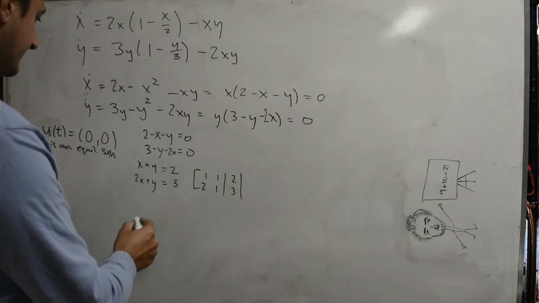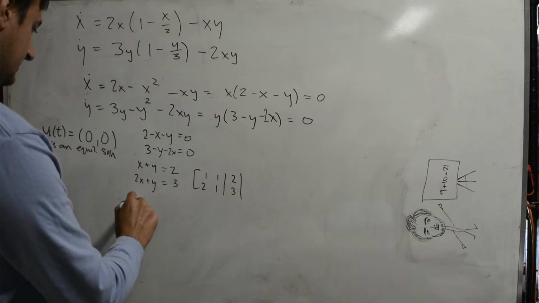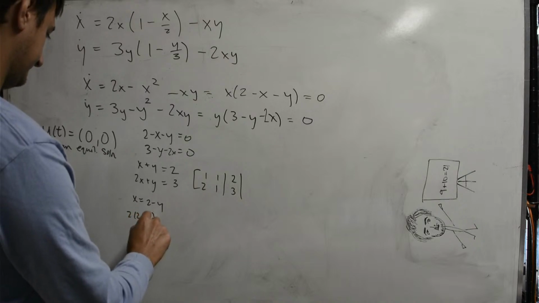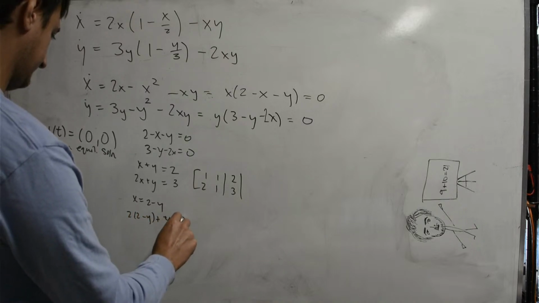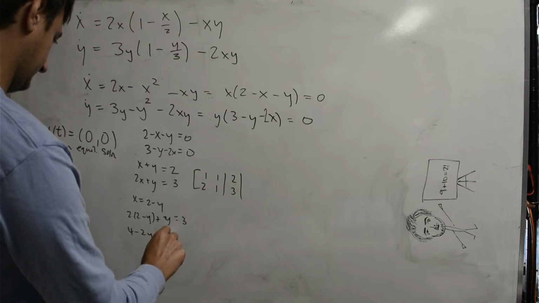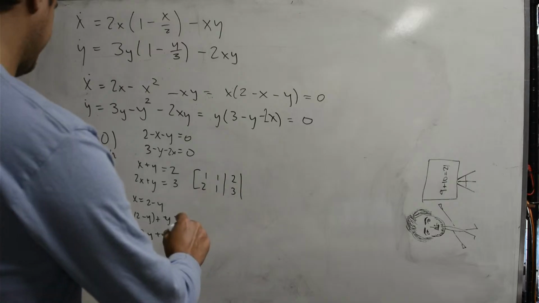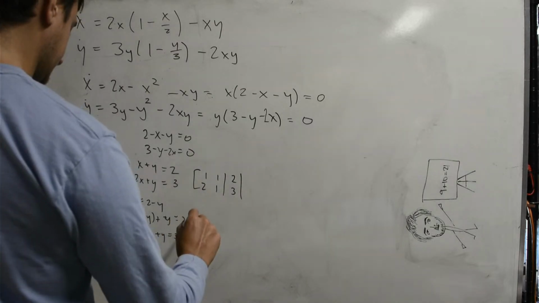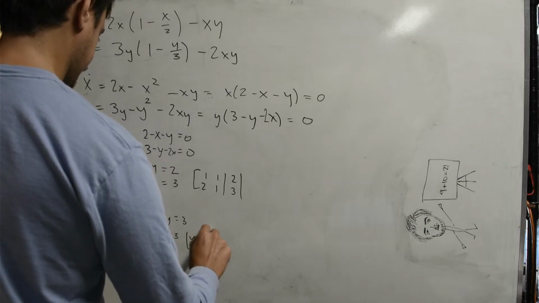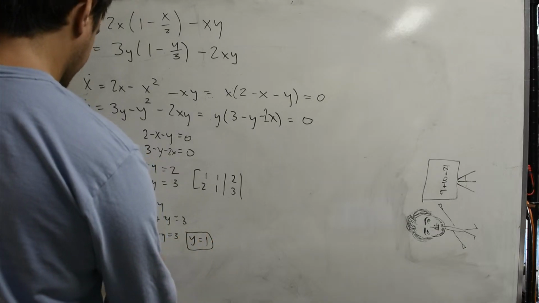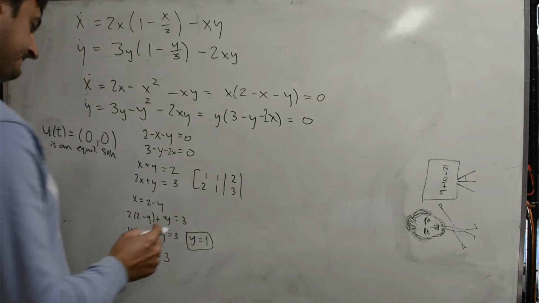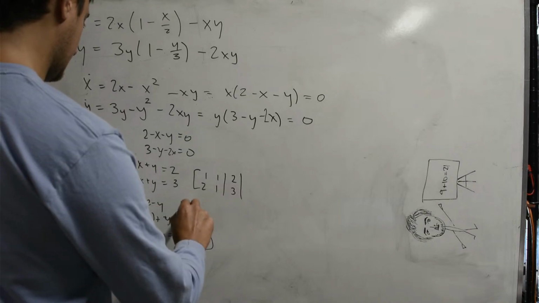So the simplest way is probably just substitute. So x is equal to 2 minus y. Then we get y equals 1, because 4 minus y equals 3, and then x is equal to 1.